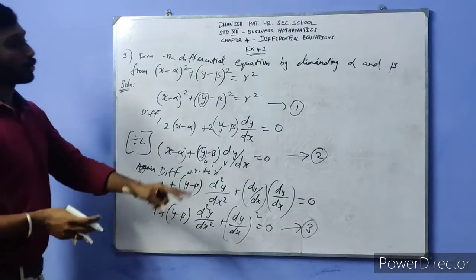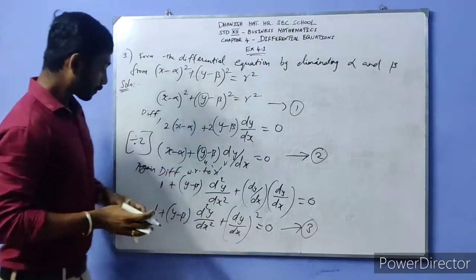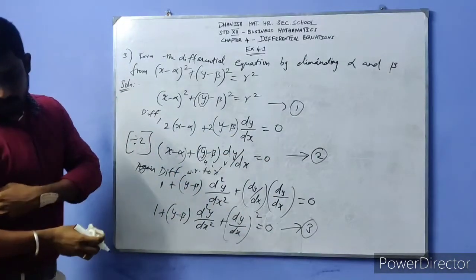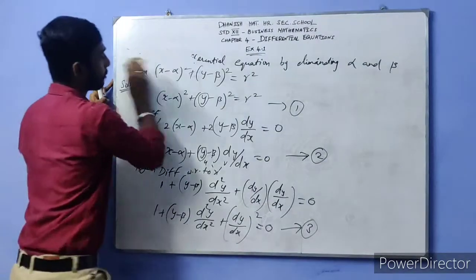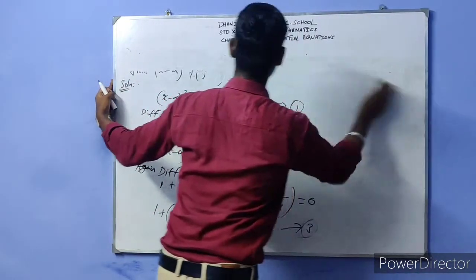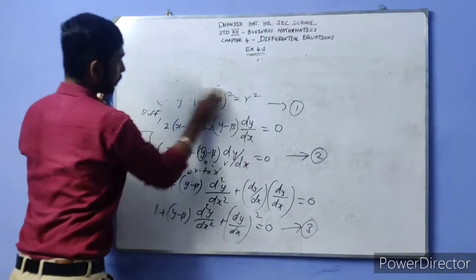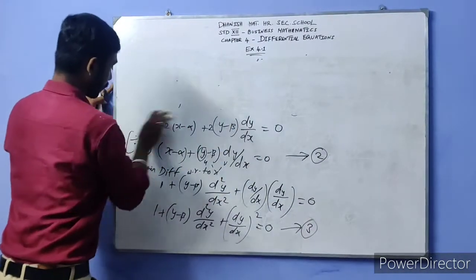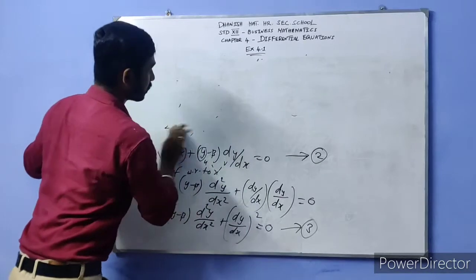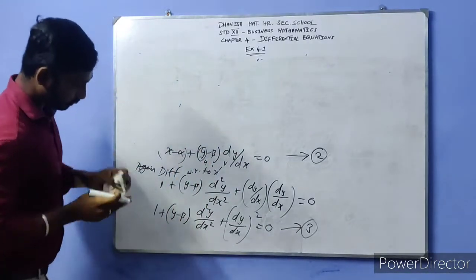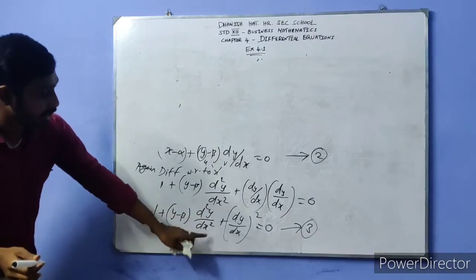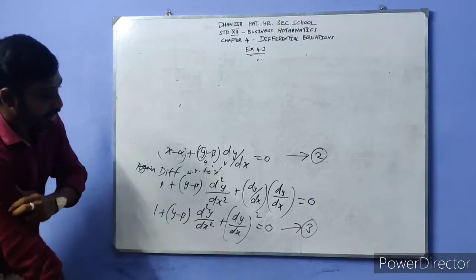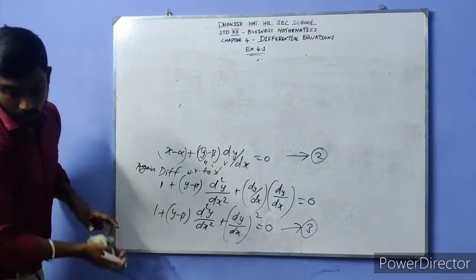Now we are going to substitute the second and third equations, so we modify the third equation. What is the third equation here? 1 plus (y minus beta) d square y divided by dx square plus (dy divided by dx) the whole square equal to 0.